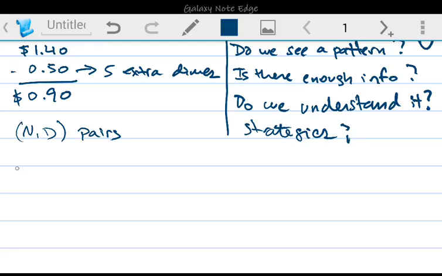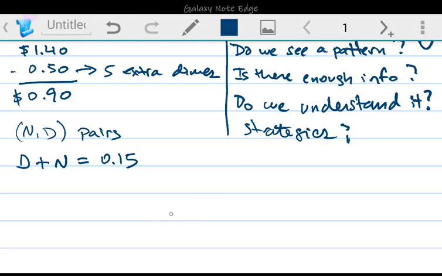Okay, what does that mean? Well, let's think about it this way. We have 1 dime plus 1 nickel equals 10 cents plus 5 cents equals 15 cents. Now if we have an equal amount of nickels and dimes, after we've accounted for the 5 extra dimes, then we should have an equal number of pairs.